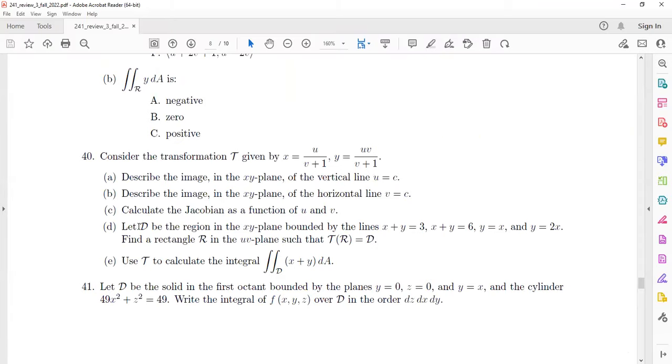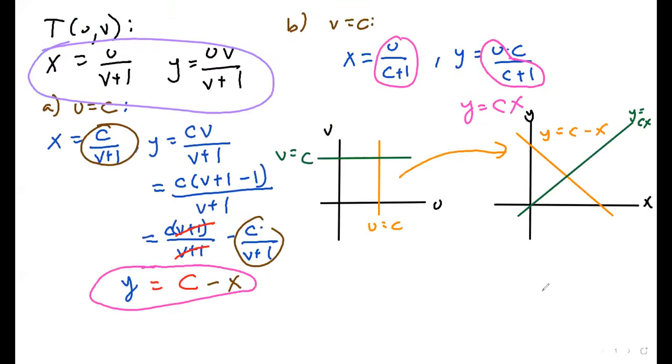Okay, let D be the region in the xy plane bounded by those lines right there: x plus y is equal to 3, x plus y is equal to 6, y is x, y is 2x. For that part, we're going to go back to this picture right here. The work from parts A and B is going to be very, very useful here.